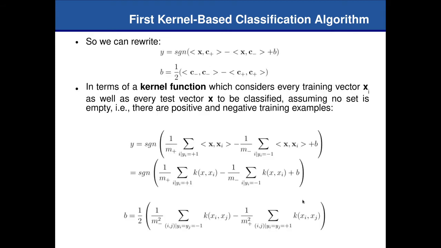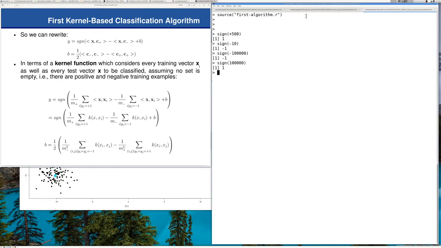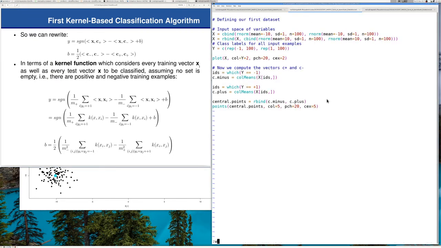We're going to implement that. Actually, you're going to implement it right now. So let's open our code. Those are the central points. Of course, here we have C plus and C minus. I'm just going to proceed with this. How can I compute the classification? As shown here, I have to perform the inner product of some x by C plus, minus the inner product of x by C minus, plus b.